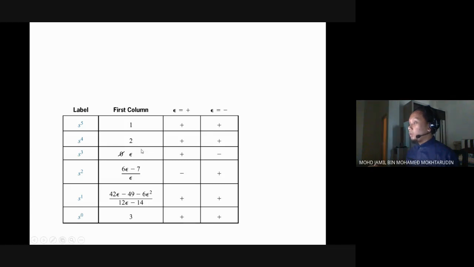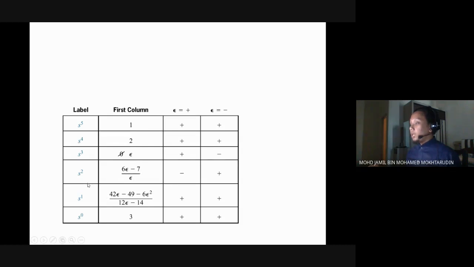From S4 to S3 also no sign changes, because 2 and epsilon are positive. For S2, you substitute epsilon with a very small positive value, say 0.1, and you will get this term as negative.